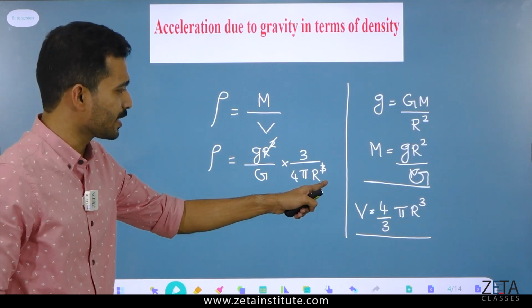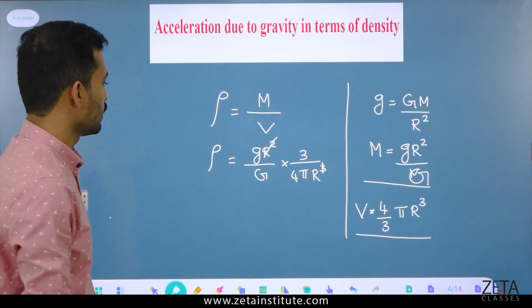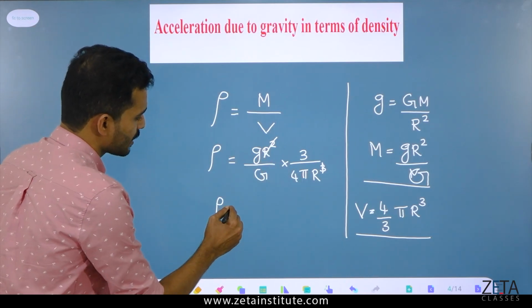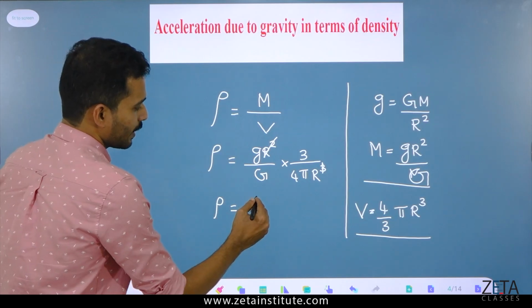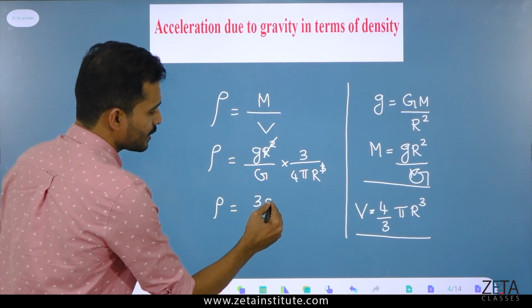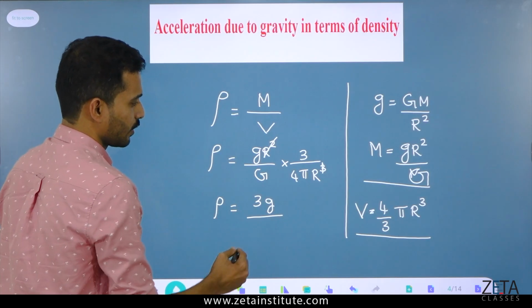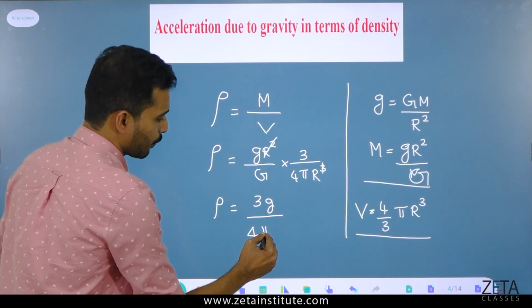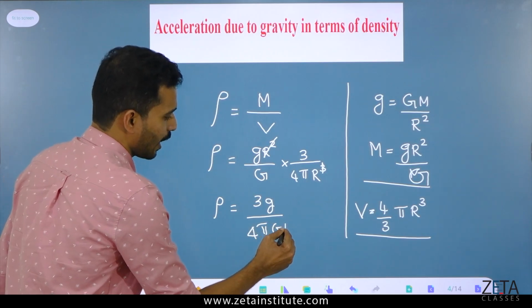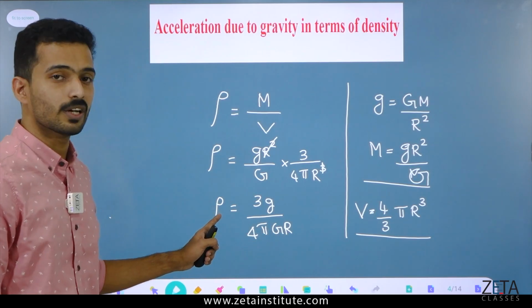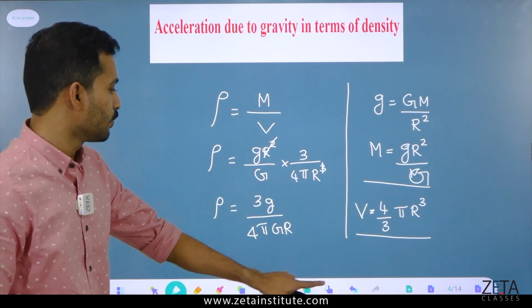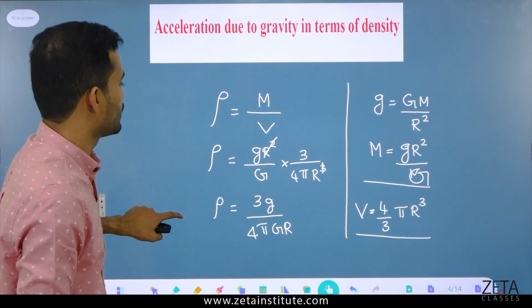Okay, so r remains there. So we can write rho is equal to 3g divided by 4 pi G r. So density is equal to 3g divided by 4 pi G r.